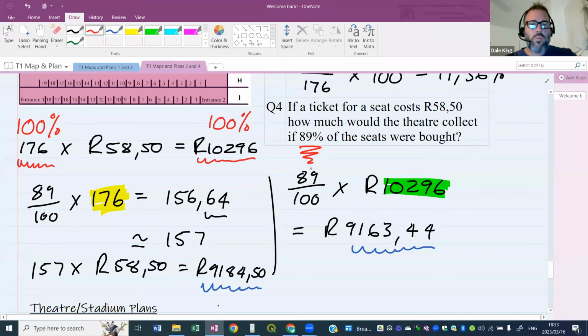So they're both 100%. If we multiply 89% by either of these, the seat numbers or the Rand value, we should get the same answer. Something changed somewhere. We detoured slightly. There is a difference because the first answer is from the tickets that were bought and the second one is for percentage.